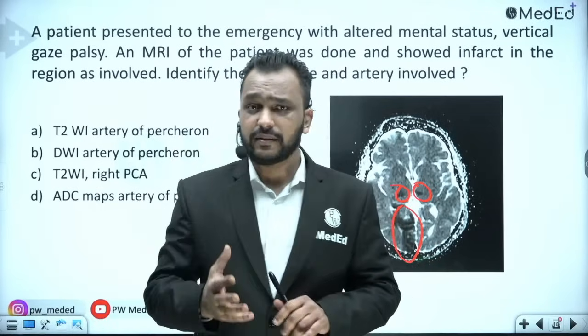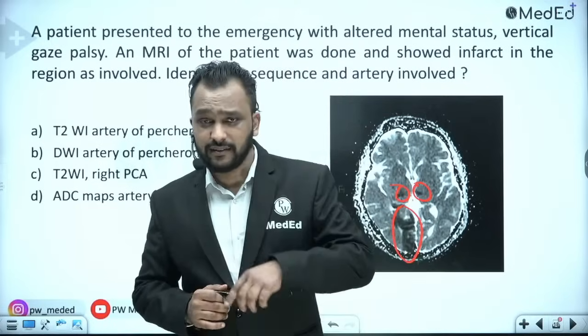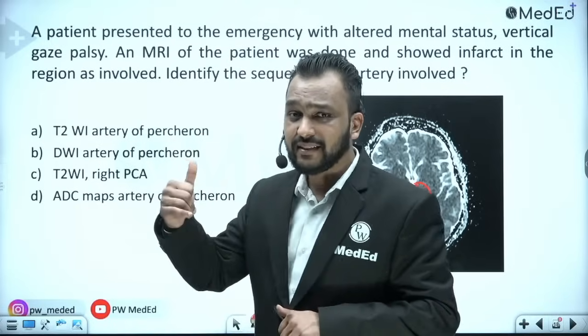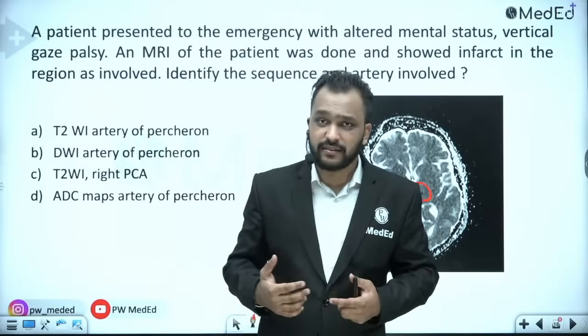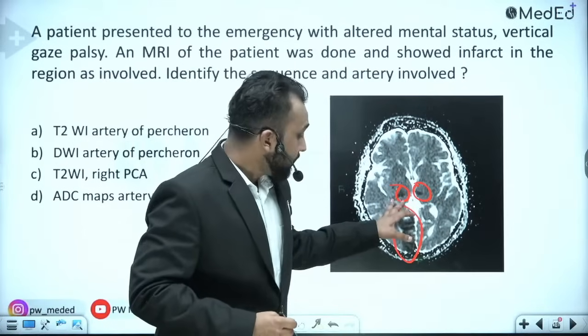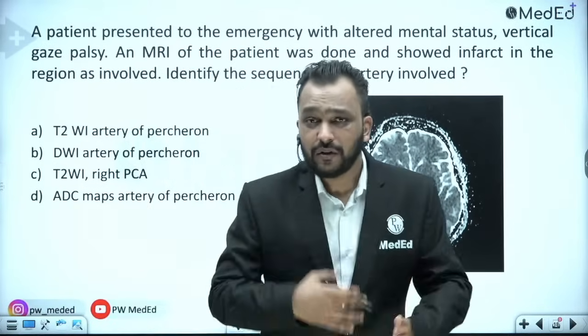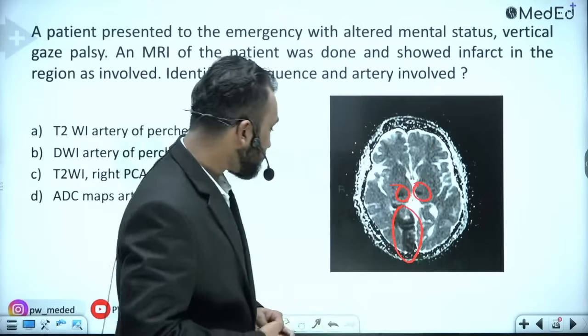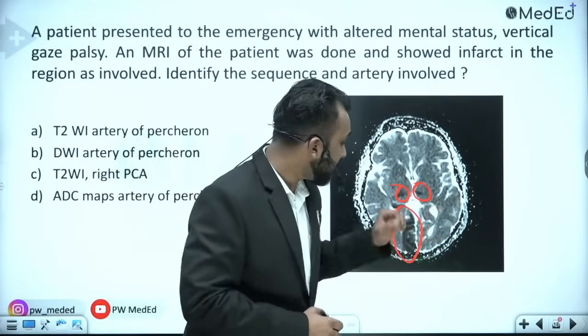when there is a thrombus, it is going to occlude just one artery, like in the previous case. There was one thrombus in the ICA that was causing infarction in the MCA as well as the posterior circulation. It is very unlikely that there can be multiple thrombi causing infarction. So here, what was happening was an infarct in the artery of Percheron.